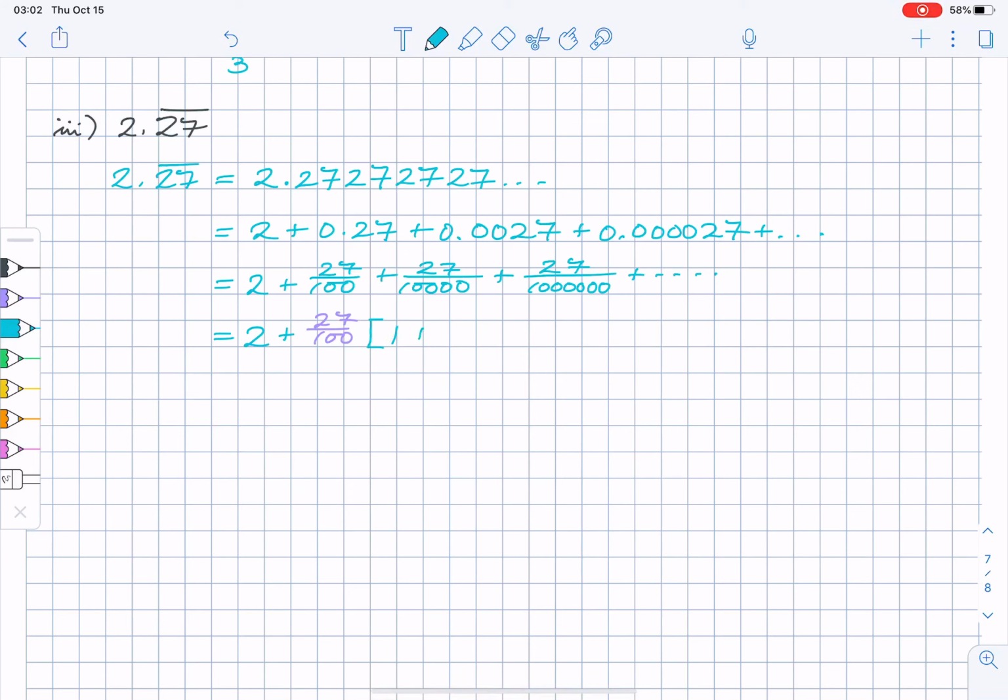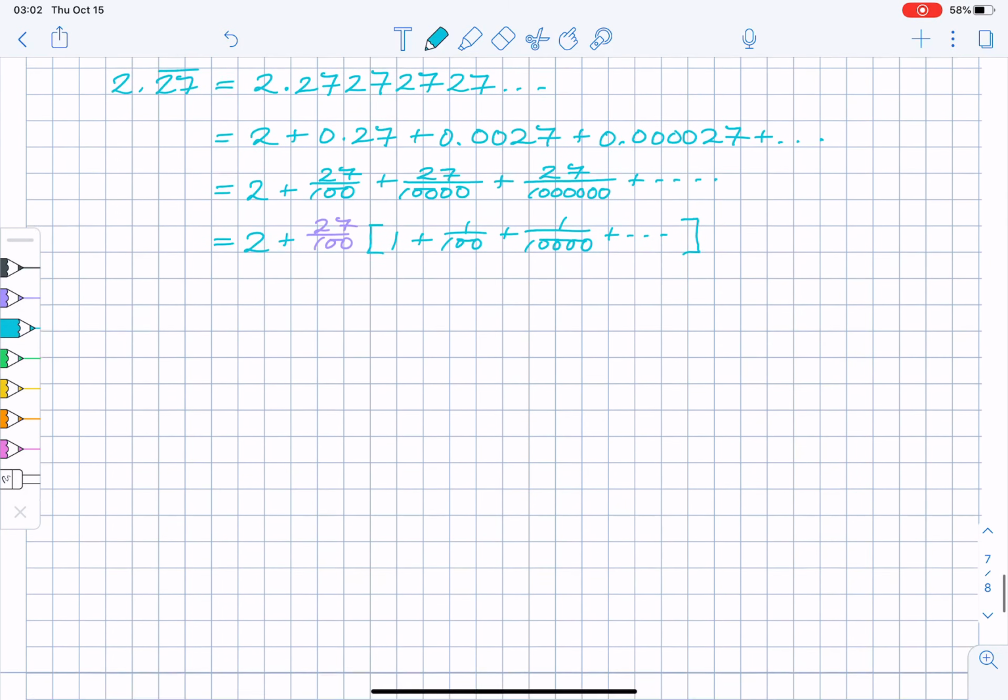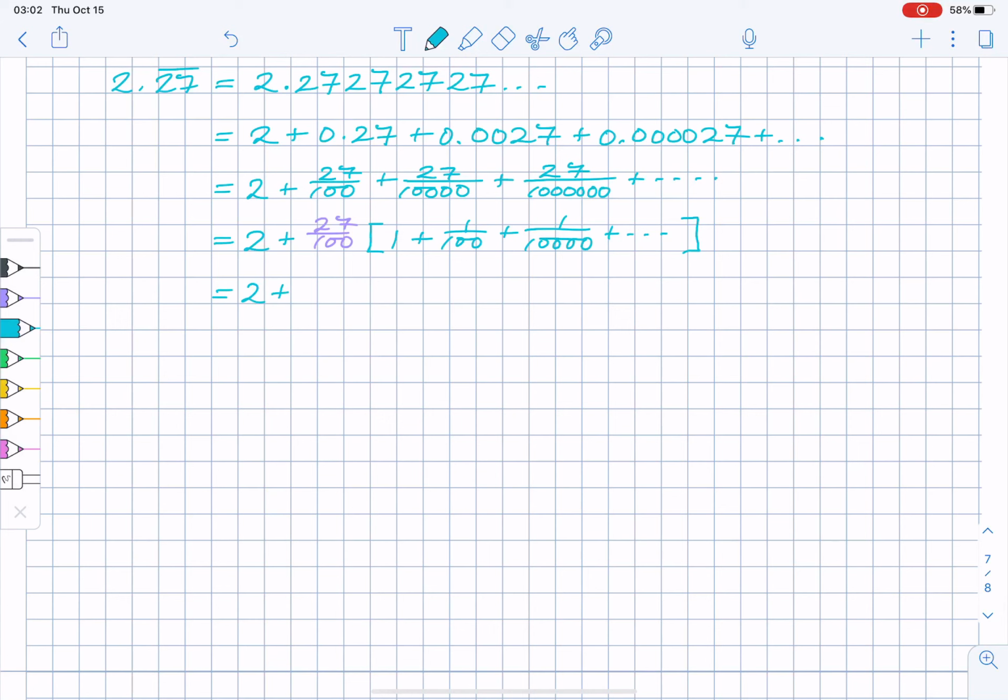So I get 1 plus 1 over 100 plus 1 over 10,000, etc. So this is 2 plus 27 over 100 times, well, I think the common ratio is 1 over 100 to the 0 plus 1 over 100 to the first plus 1 over 100 to the second.